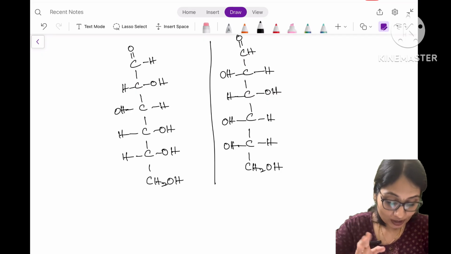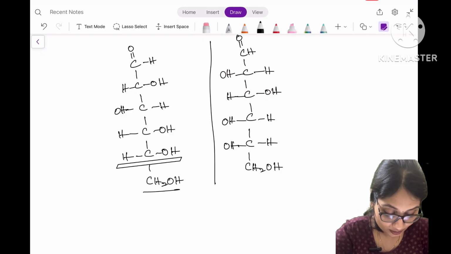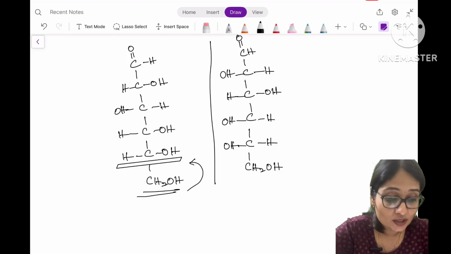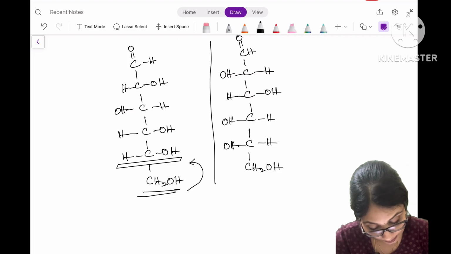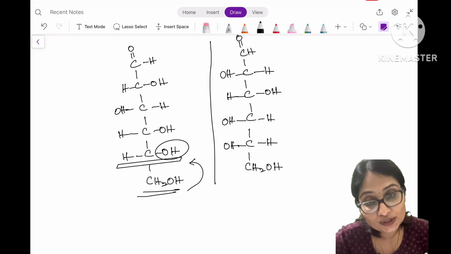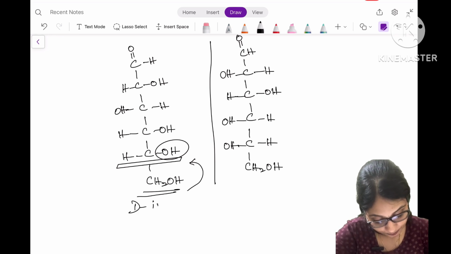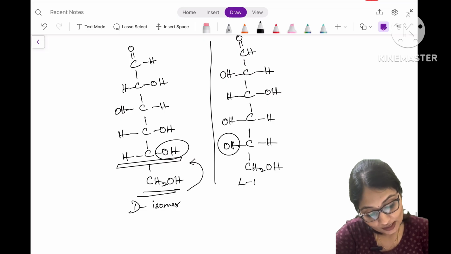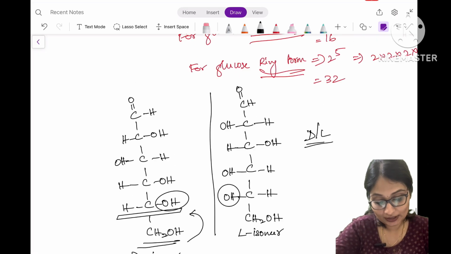Now, with regard to the penultimate carbon atom, this one is the last carbon atom, and the carbon atom which is last but one is called the penultimate carbon atom. With reference to it, we have to see where the OH group is. If the OH group is on the right side, it is called the D isomer. On the other hand, if the OH group is on the left side, it is called the L isomer. So this is about your D and L isomers.